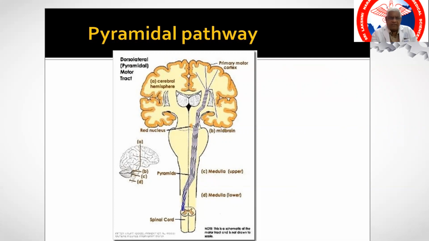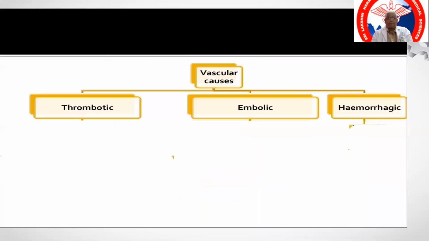It ends in the spinal cord. These are the places: cortex, internal capsule, midbrain, and the upper part of the medulla, where it decussates to the opposite side.